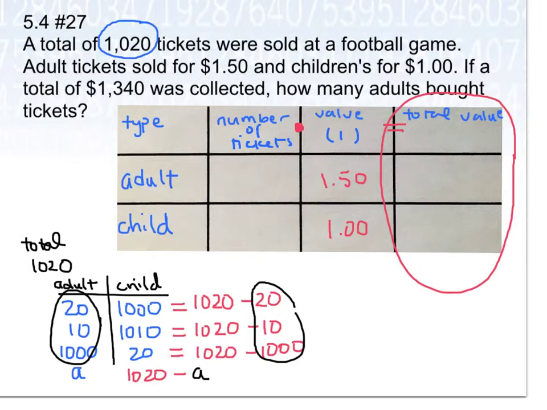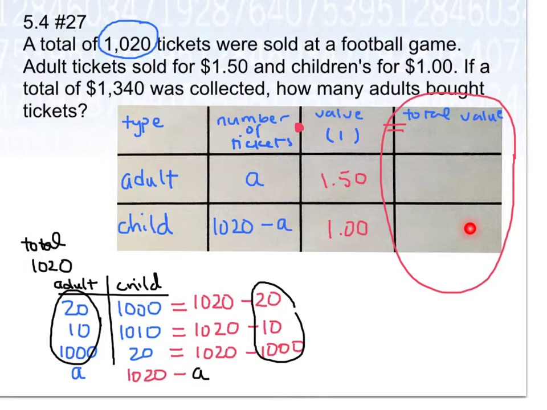So I'm going to fill in my chart. The number of tickets for adults, we're going to call that A. And the number of tickets for children, we're going to call that 1,020 minus A. So now we're ready to find the total value column so that we could actually set up our equation.